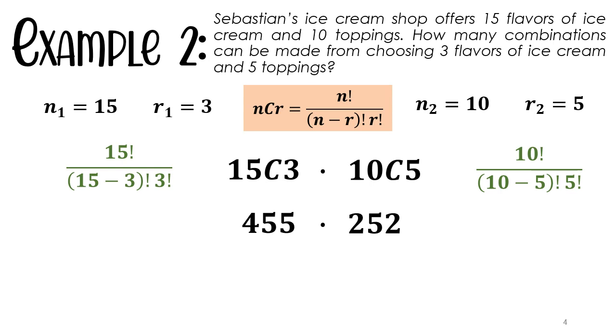Now again, by applying the fundamental counting principle, we just have to multiply so we can find the total possible outcomes. So 455 times 252 is equal to 114,660. Therefore, there are 114,660 possible combinations.